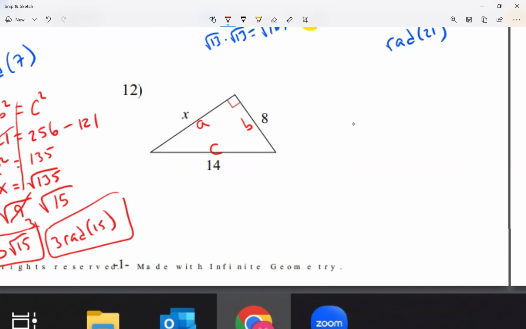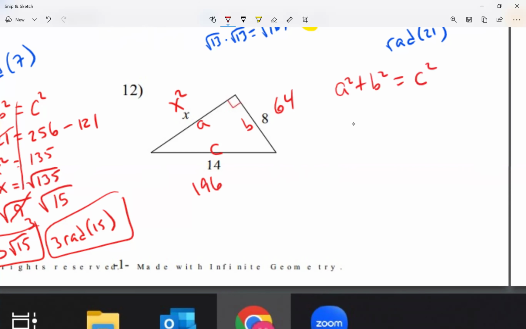X times x gives me x squared. 8 times 8, that gives me 64. 14 times 14, that gives me 196. So I figure out what was a squared, b squared, and c squared, because I remember the Pythagorean theorem says a squared plus b squared is equal to c squared. So I have that x squared plus 64 is equal to 196.